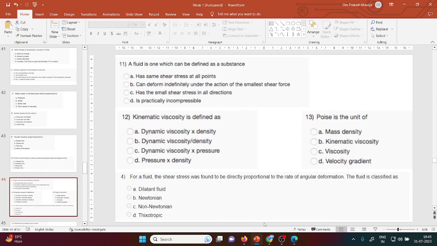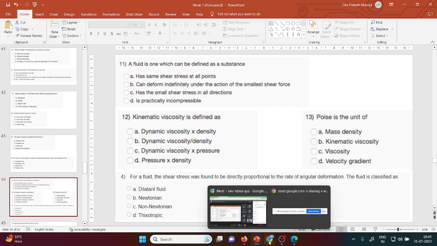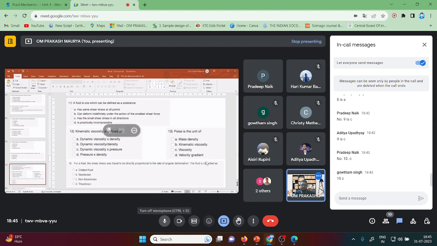There are four questions here. Okay, please solve questions 11, 12, and 13, and also question number 4. Question number 11 is about a fluid, which can be defined as a substance.